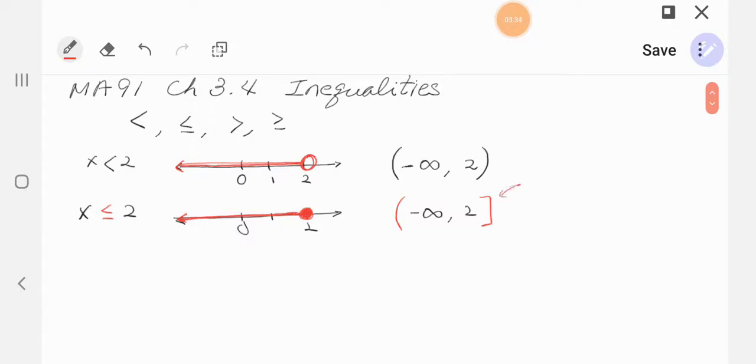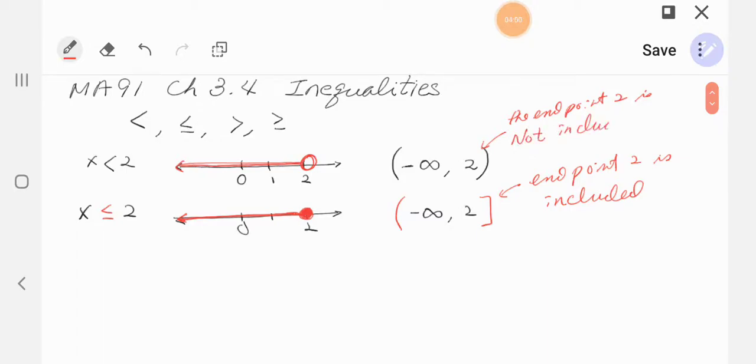So this means the endpoint 2 is included in this x value. Parenthesis means the endpoint is not included, so the end value 2 is not included in the x value.